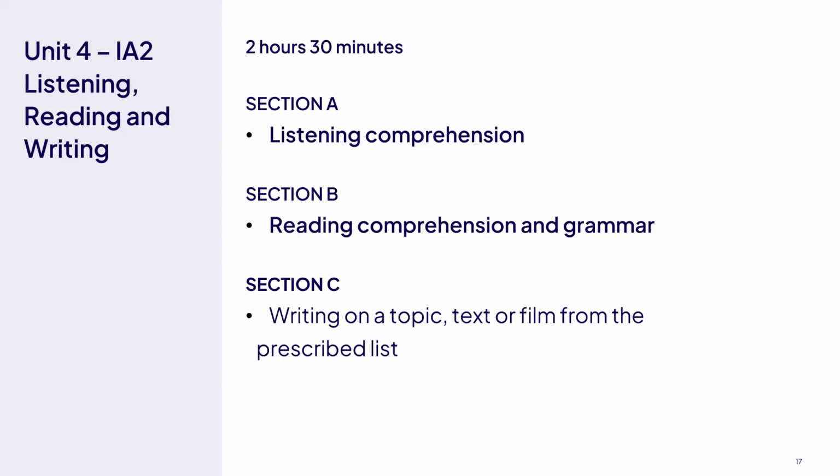And in preparation for this part of the exam, students need to study one topic or one text or one film. So we're only looking for one of those, but they have some optionality there. Mostly teachers will choose one book or one film or something, and you do that as a class project. But there's no requirement for all the students in your class to do the same one.